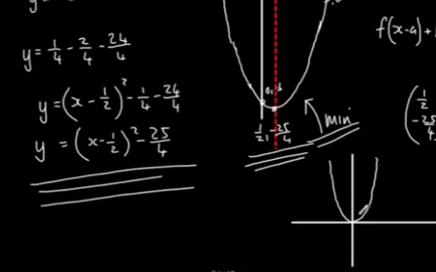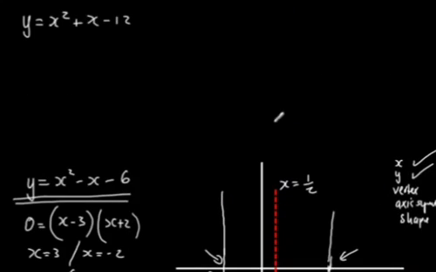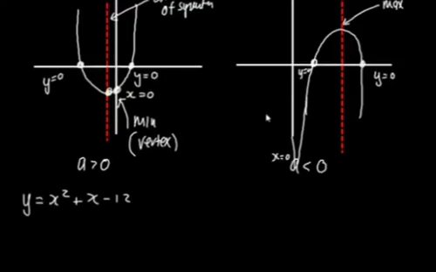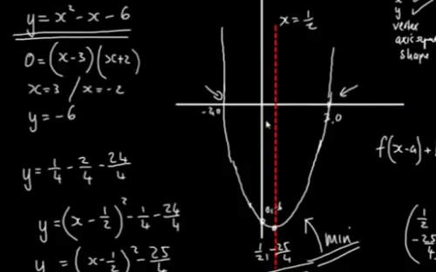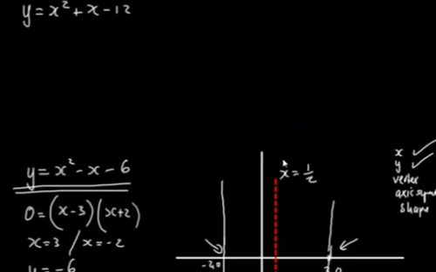So what we do is move half, and then we move it down, and that gives us the minimum point. So in completed square form, we can really benefit from those graph transformations to take us down to the minimum point. So that's all we need to do.